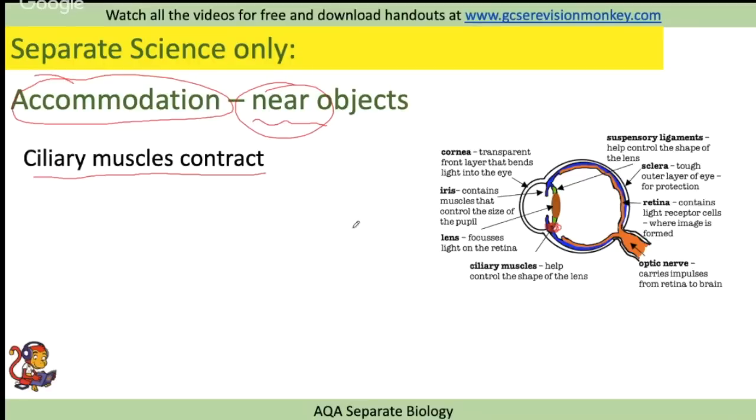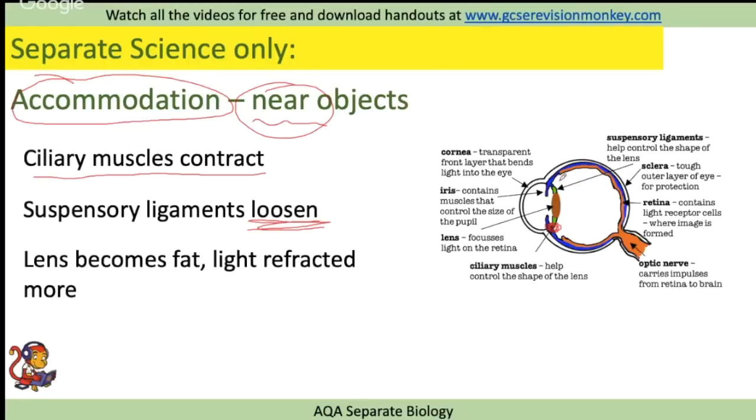They contract and your suspensory ligaments loosen or slacken, and that will cause your lens to become fat, and it will be able to refract light more. So it'll be able to bend the light and focus the image on your retina. So that's if you're looking at objects close up: ciliary muscles contract, your suspensory ligaments loosen, and your lens becomes fat, and the light can be refracted more.